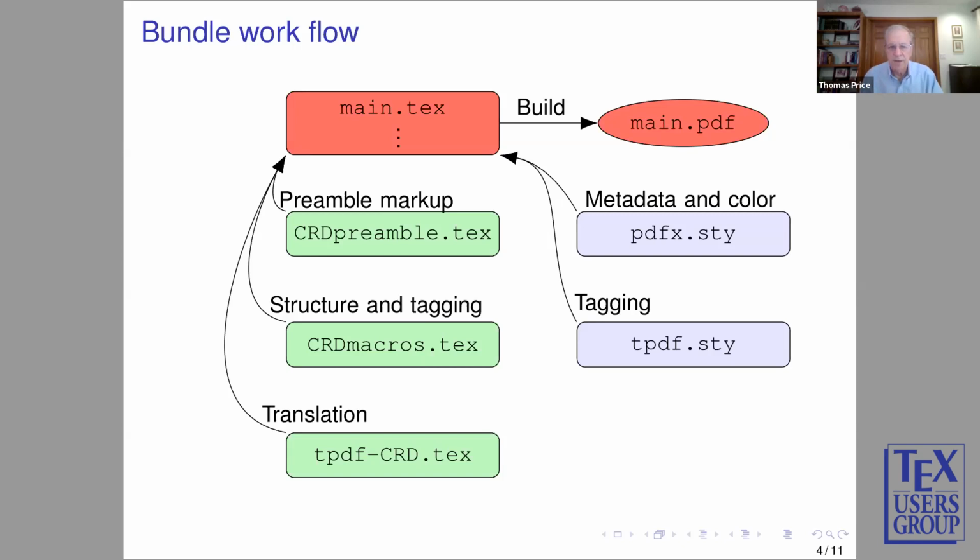So these things have to be written to handle special typesetting specifications in such a way that they honor the typesetting specifications, but at the same time, they can communicate with Ross's tpdf style file and use it effectively.